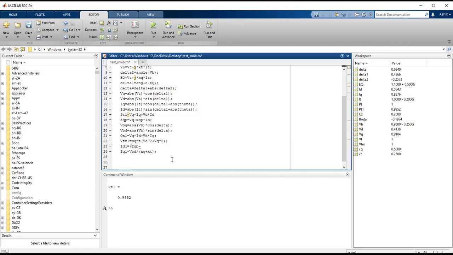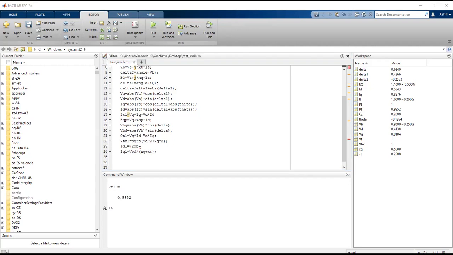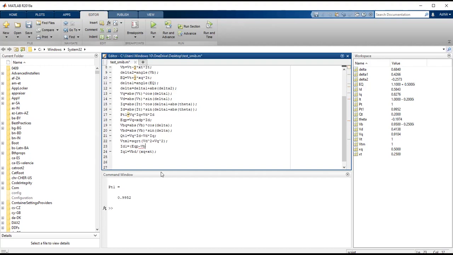So there should be a bracket, EQ prime minus VBQ x VBQ divided by XD dash XD prime plus XT.